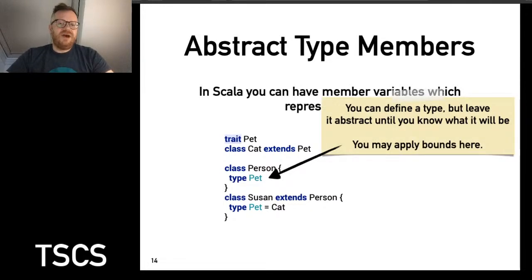So it means you can define a type, but leave it abstract until you know what it will be. And you can apply bounds here, and so on. This is pretty rich. But the nice thing is you can leave it abstract and open until you know what it will be, specifically for a specific subclass of that class person.